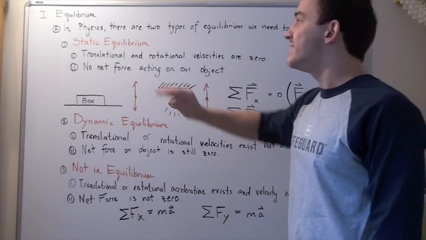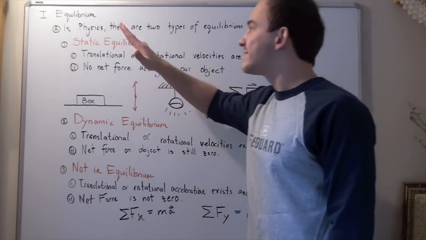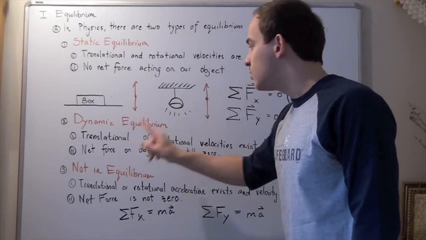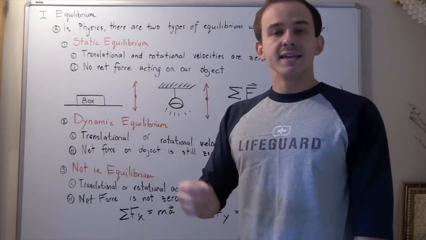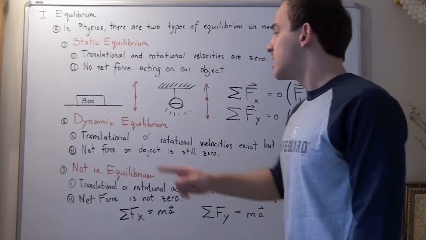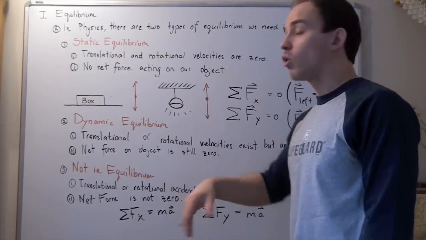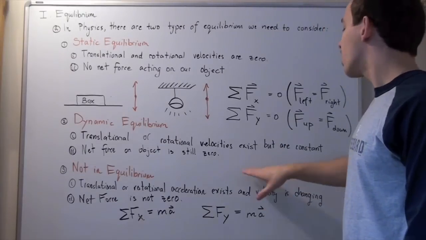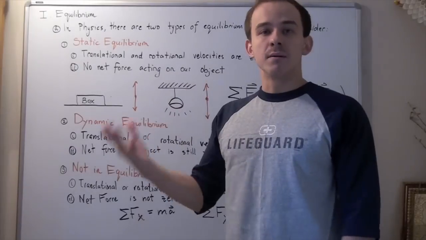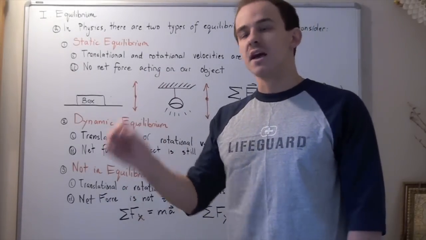But the difference between static and dynamic equilibrium is that static equilibrium means our object is stationary, while dynamic equilibrium means our object is traveling with some constant velocity. So either translational or rotational or both velocities are constant. But in both cases, no net force acts on the object. That's why our object is not accelerating.